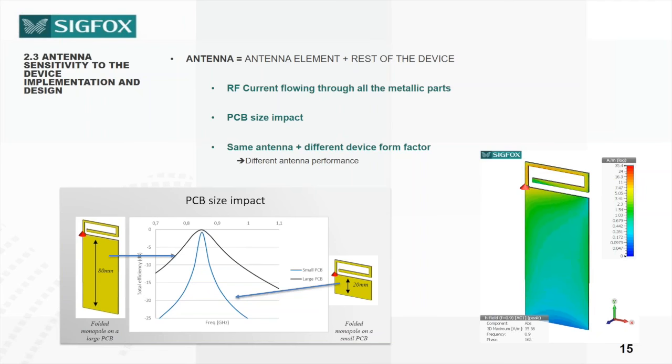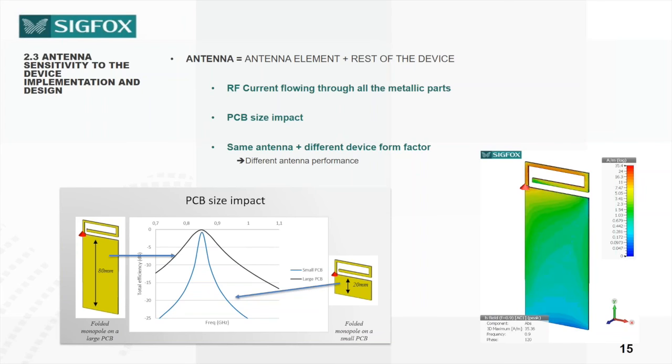And if we look at the bottom left, we have two examples of smaller integration. One with an antenna and a large PCB, and the other one with exactly the same antenna, so there is absolutely no modification, and a smaller PCB. And what we can see is that between the two solutions, one will have a perfect efficiency, so 0 dB means 100%, while the other one will be a little bit lower.